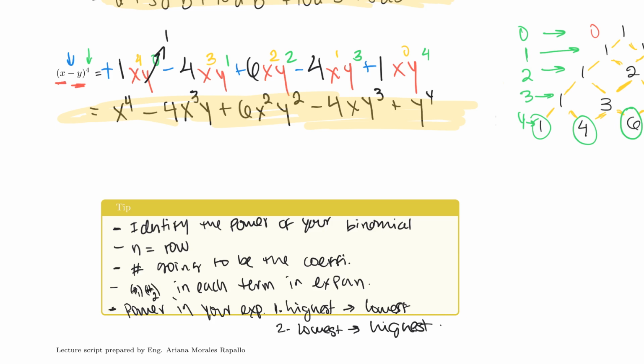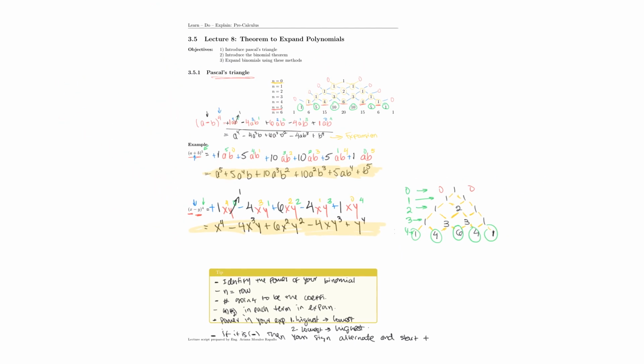Once you have this, if your binomial is negative, then your signs alternate, and you start with positive. Okay, so basically these are the steps that you have to follow to expand your binomial using Pascal's triangle.